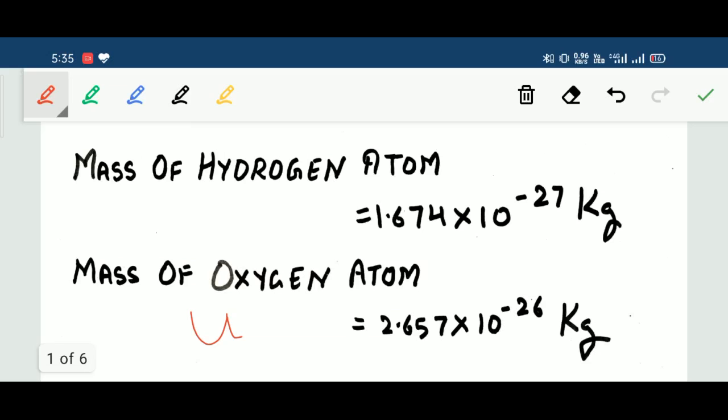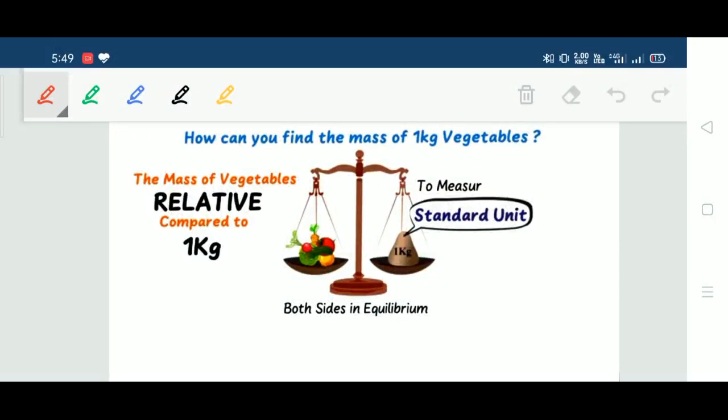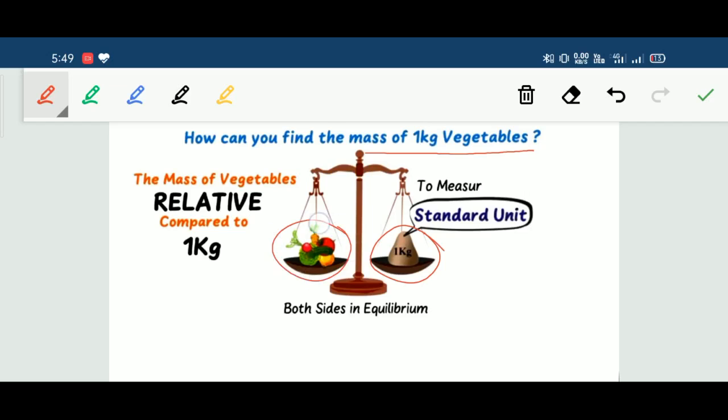Now the question is, what exactly is one atomic mass unit? But before that, let's understand what is a standard unit and what is relative mass. Now students, in order to measure the mass of 1 kg vegetables, we will take a weight of 1 kilogram on one side of the balance, and the vegetables which are equivalent to this weight will be considered as 1 kg.